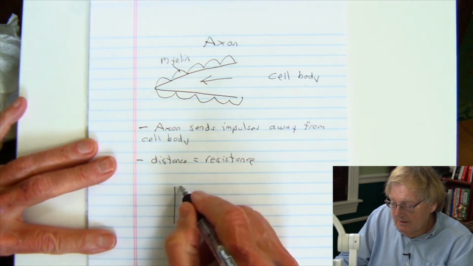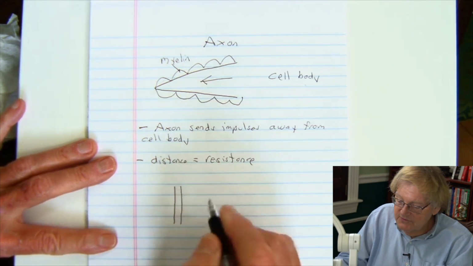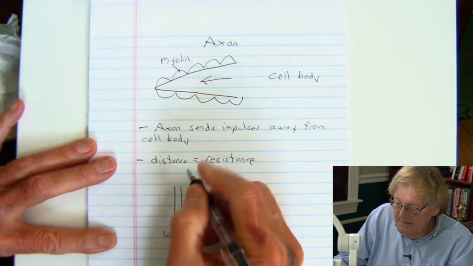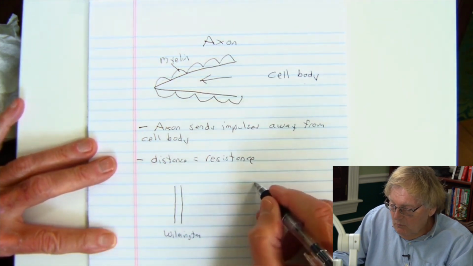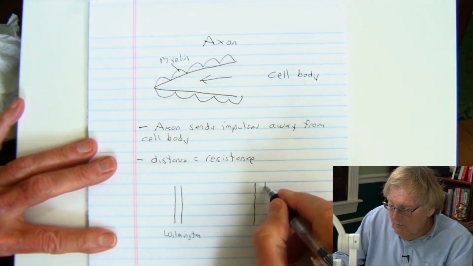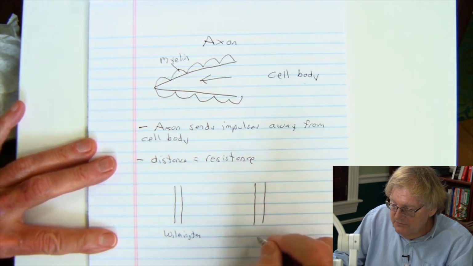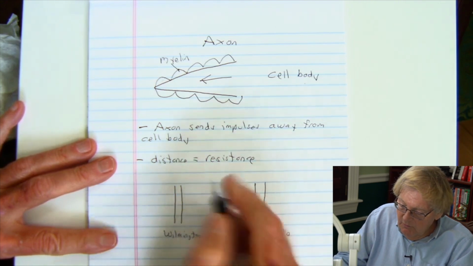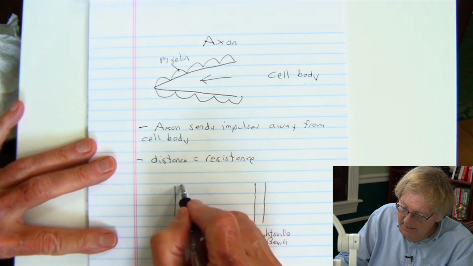So here's an electric pole, and let's just say this is in Wilmington. And let's say that it has a wire that's extending all the way to Wrightsville Beach. And then, of course, running between them is this wire.